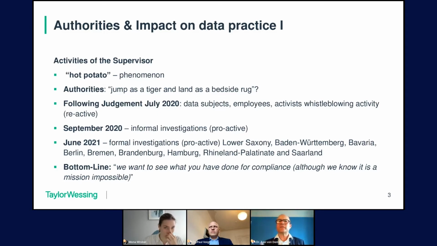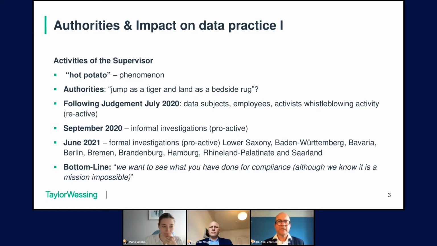And then the authorities changed their attitude after they digested the court decision, by November 2020, when the European Data Protection Board recommendation came out. And then they started to reach out to companies. In the beginning in 2020, still more or less in an informal way, like asking, hey guys, what are you doing? How do you work with Schrems 2?